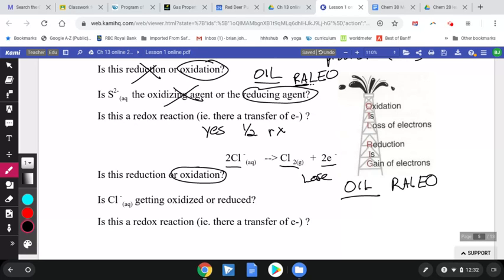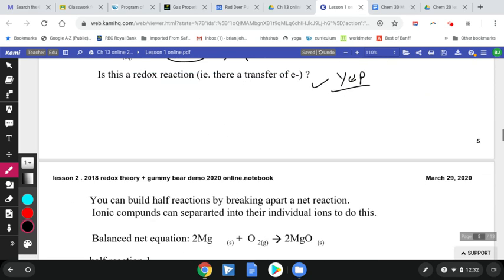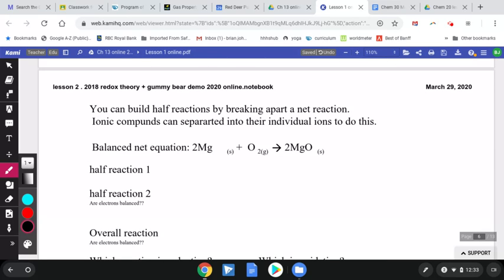Is Cl minus getting oxidized or reduced? Is this a redox reaction? Yep. Okay. So that's skill number 1. Given a half reaction, be able to explain oxidation, reduction, oxidizing agent, reducing agent.